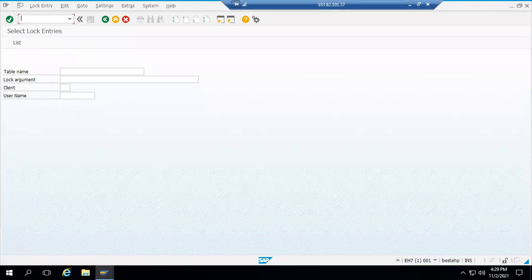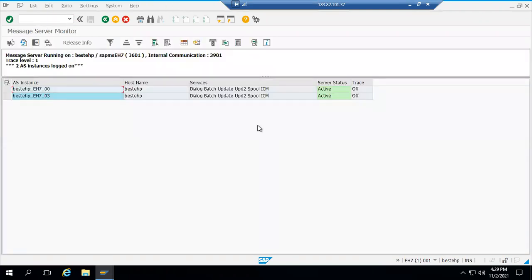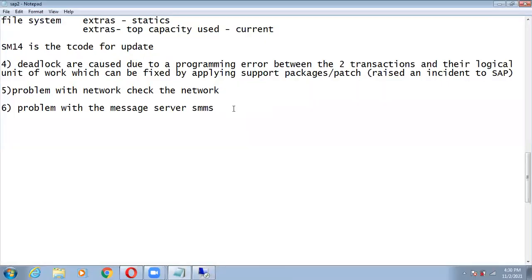SMMS. So basically you need to check whether the message server is running or not. Here in this case it is active. Okay, so these are the possible reasons for the lock issues. Any doubt up to here?